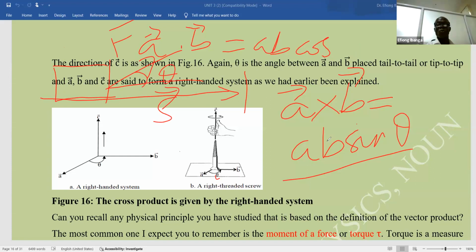So this represents work. The physical representation of the dot product is work. That's what I want you to see. The dot product has a physical meaning when we are talking about work done.